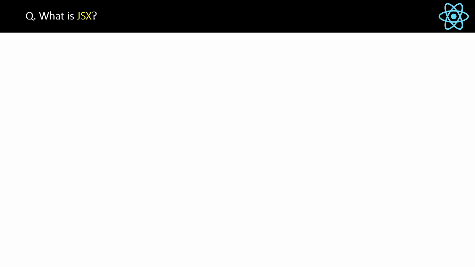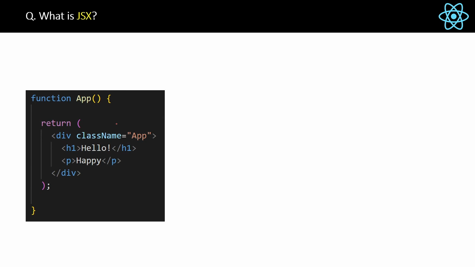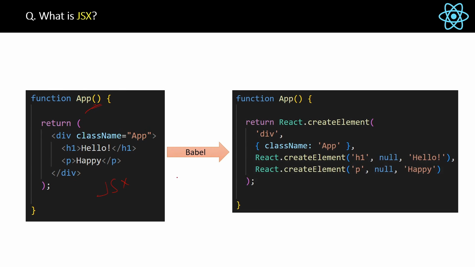What is JSX? Alright, if you see this code of a simple app component here, then this looks like HTML, but actually it is JSX. When you run this code, then internally this JSX code will be converted like this into JavaScript form, where multiple React elements are created using the Babel library. Okay, so that transformation is happening by the Babel library only.